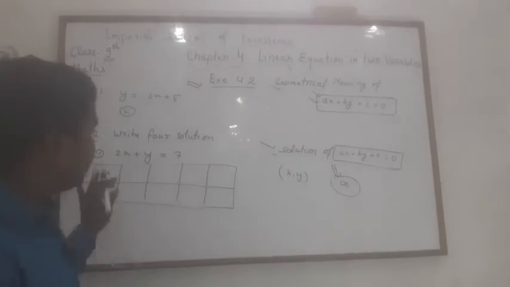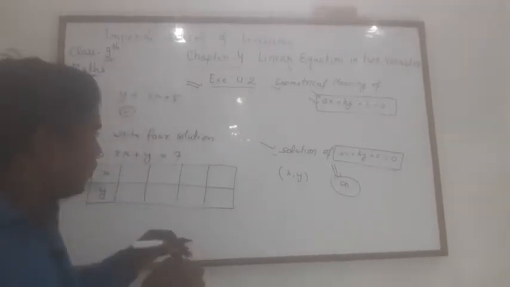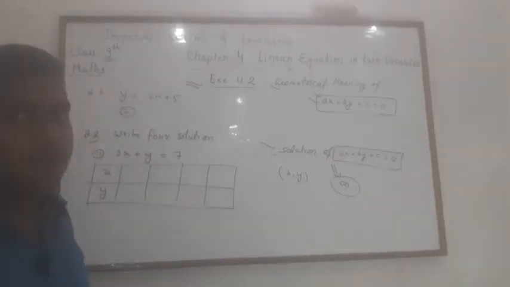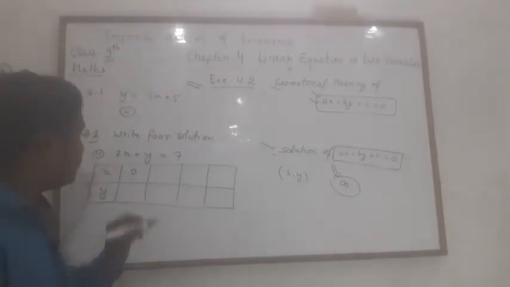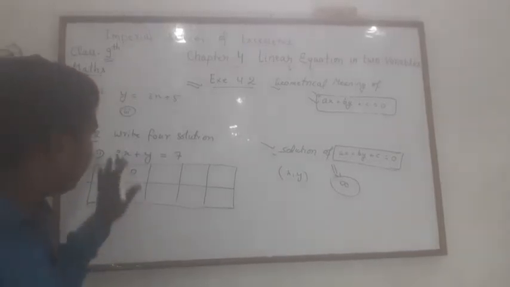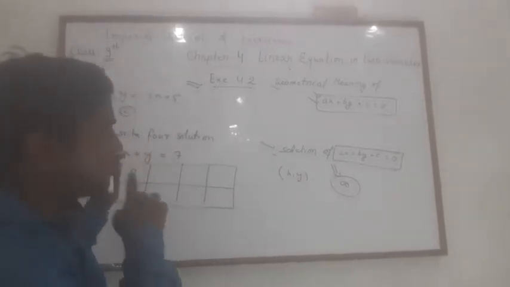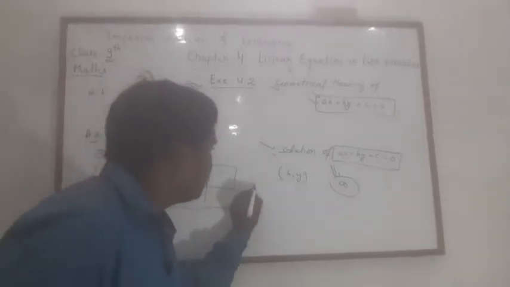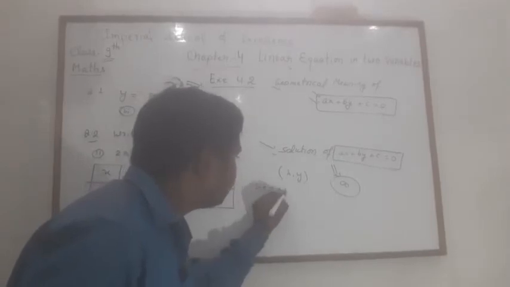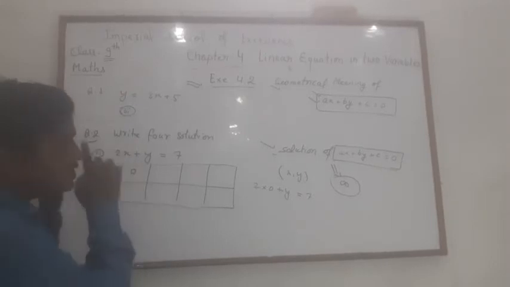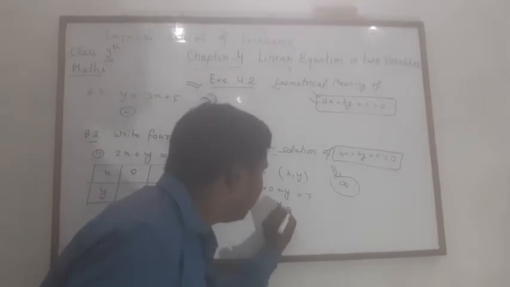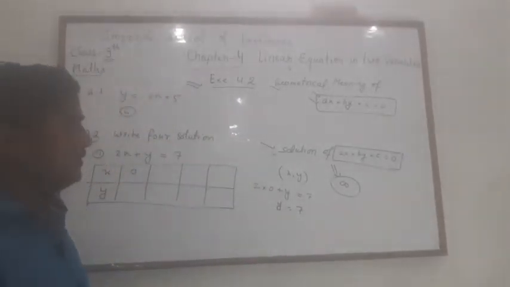By putting the value of x, we will calculate the value of y, and this will be a solution for this equation. Put x equal to 0 in this equation: 2 into 0 plus y is equal to 7. 2 times 0 is 0, so y equals 7.